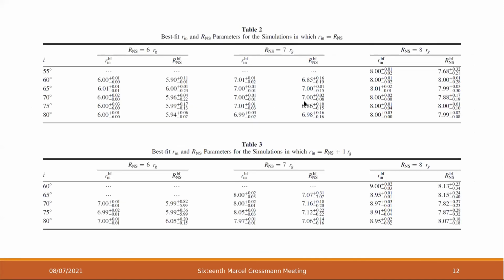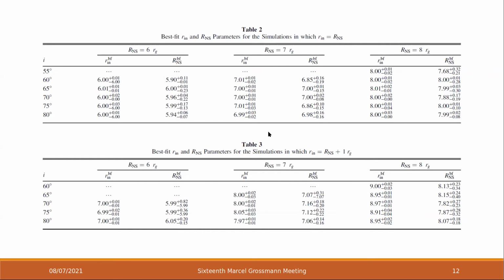And we saw that for every single simulation that we ran when the inner disk radius was exactly at the surface of the star, we could recover the radius of the neutron star to better than 5% accuracy. Actually, in almost all cases, it was better than 3% precision, of course.